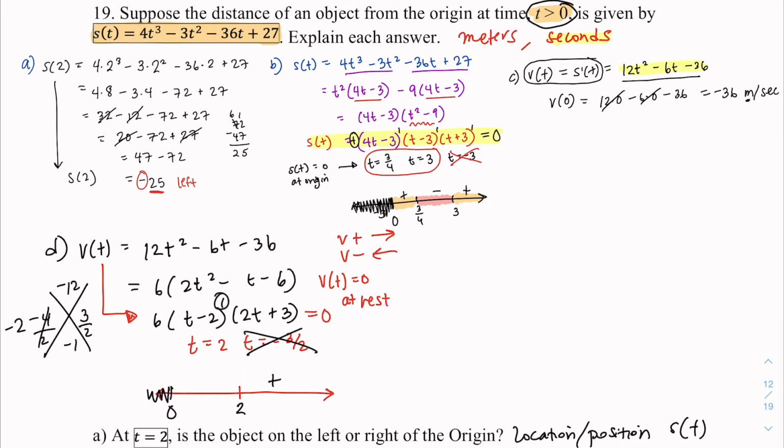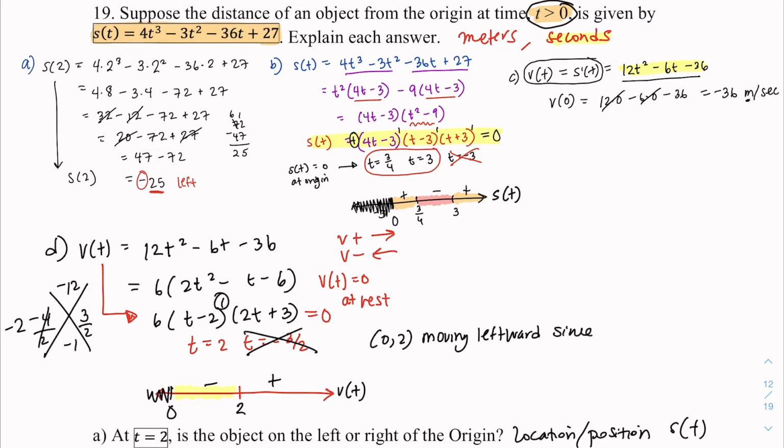At t equals 2, we'll flip. And we can see now that from 0 to 2, the object is moving. Oh, we should label this. And we should also have labeled our initial guy, s of t. Okay, so from 0 to 2, our object is moving leftward.